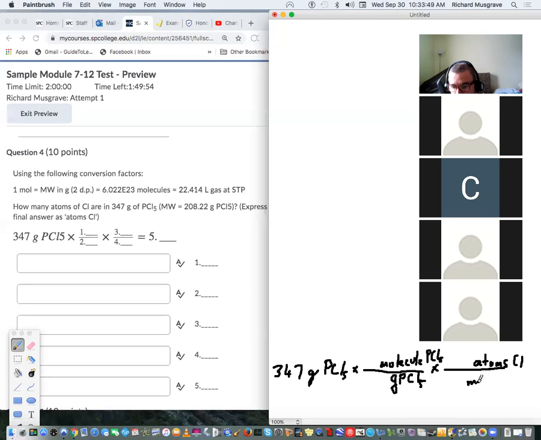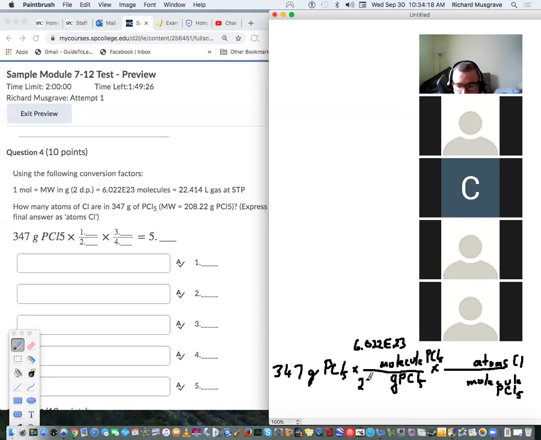So I'll go ahead and do that. So I know that those are going to be the relationships in each case. So, again, look at my technique. Look how I'm just putting in the units and then I put the numbers in. So the relationship between the molecules and grams, 6.022 E23, and the number of grams of PCl5, which is 208.22.